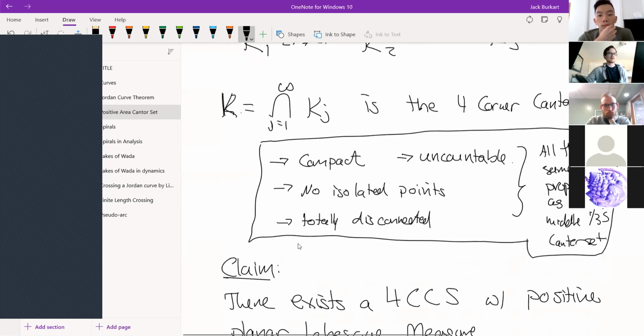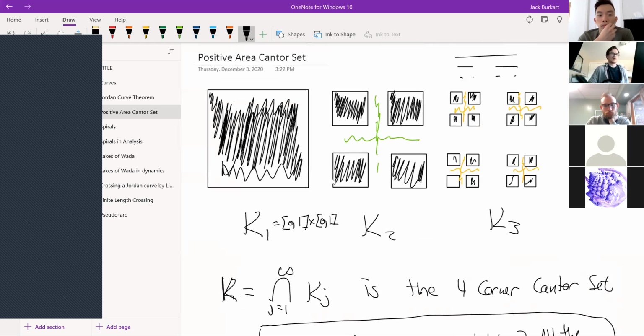So if we go back up to my picture right here, what we're going to want to imagine is going on is like, okay, so we take out some area here when we take out this plus sign. And then we're just going to make sure our plus sign gets really, really thin, and it gets thin fast enough as we keep on going through. So we're going to imagine that this gold plus sign right here is going to be much thinner than the green plus sign here as well.